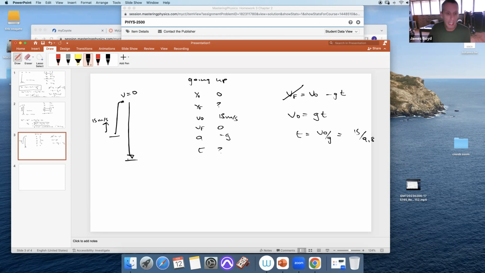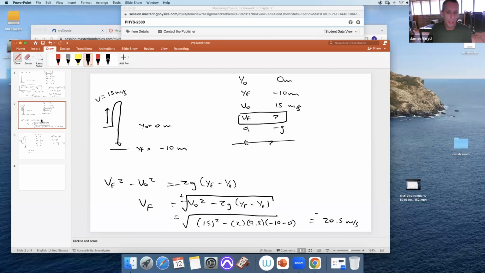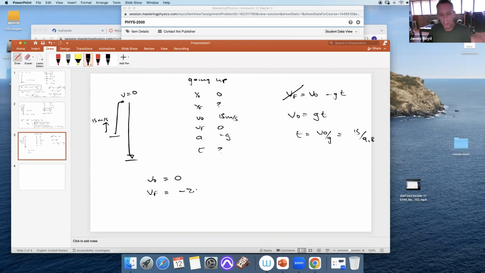Now, on the way down, okay, I know that v initial is 0, and v final is, coming back to this, negative 20.5 meters per second. Y initial is unknown, y final is negative 10, a is negative g, and t is unknown.